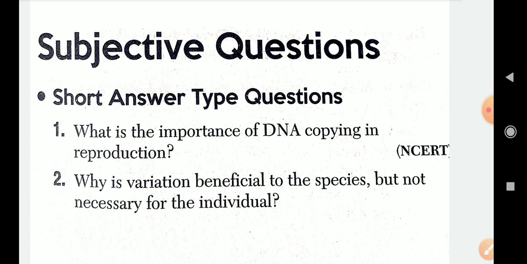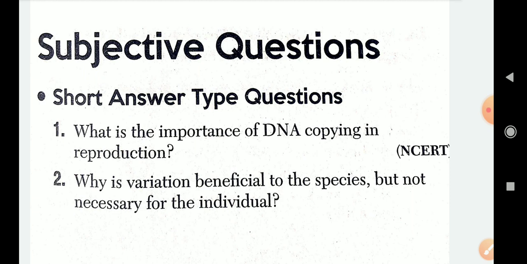So let's start. The first question is, what is the importance of DNA copying in reproduction? As you know, reproduction starts from the copying of DNA. The main thing is that it is responsible for the transfer of the characters of the parents to their offspring.